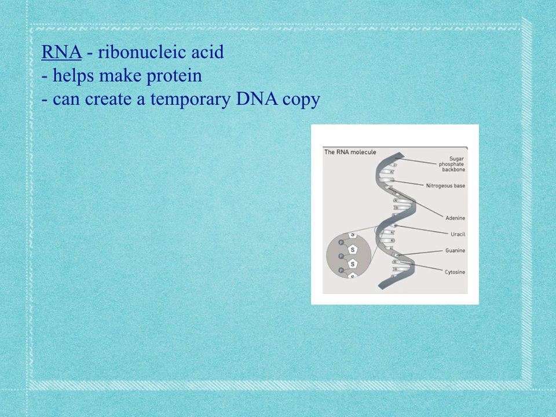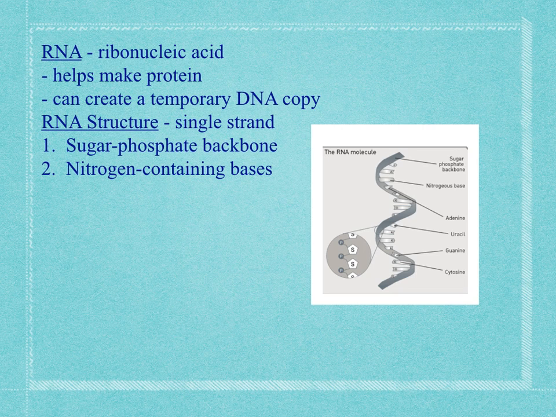So RNA, ribonucleic acid. RNA's job is really to help make proteins. And what it can do to help us make those proteins is it can create a temporary copy of the DNA, which is really important in the building of proteins.